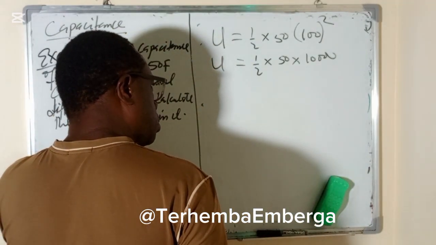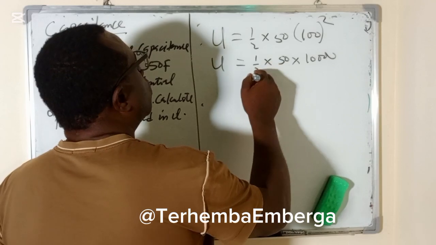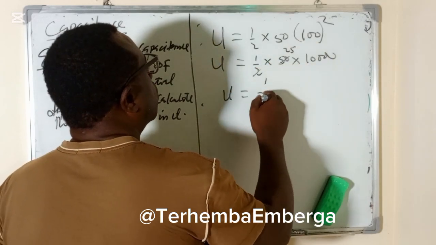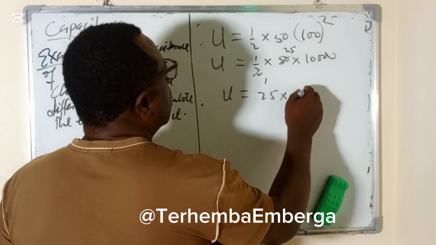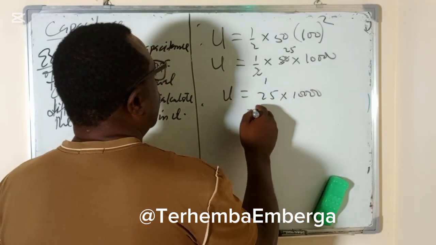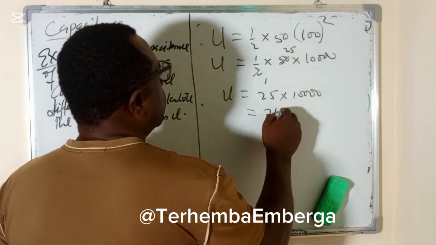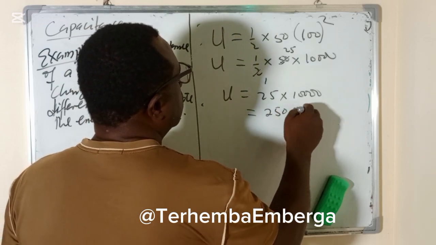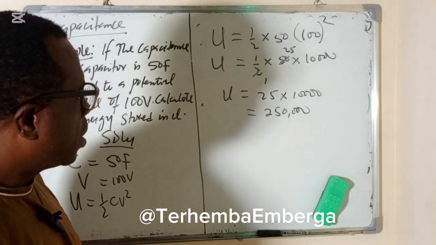So 2 here 1, 2 here 25. So you have U now be equal to 25 times 10,000, which will give us 250,000. Is that right?